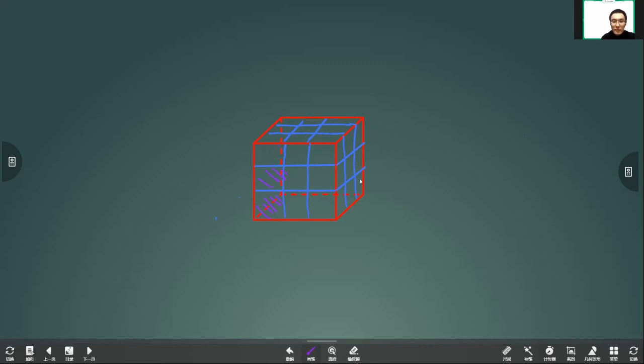Okay, this is not very obvious, not very clear. I'll use another color, a bright color. Yeah, this one. This is super clear. So these faces have been painted gray.